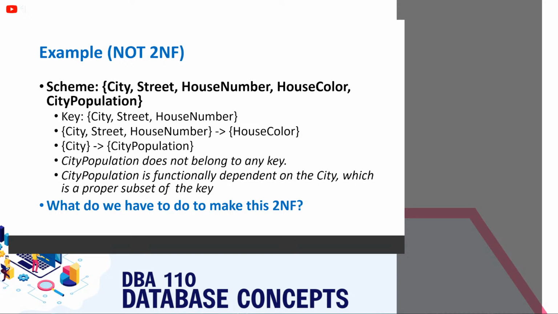Right? Because for this particular table, the unique identifier for the house contains the city, the street, and the house number.